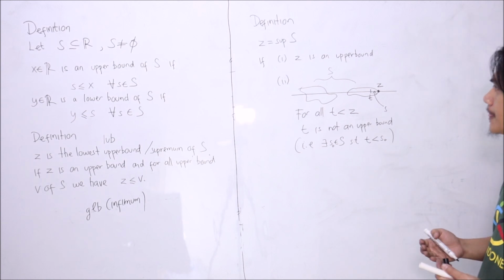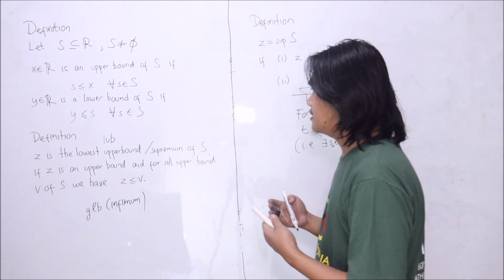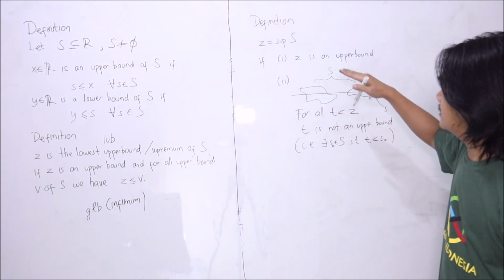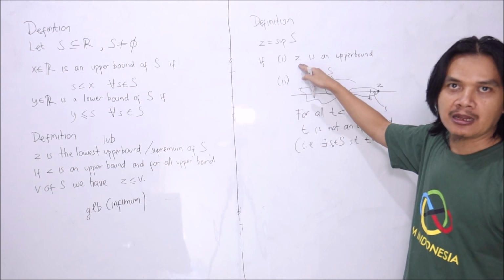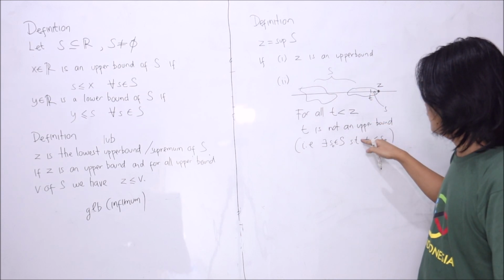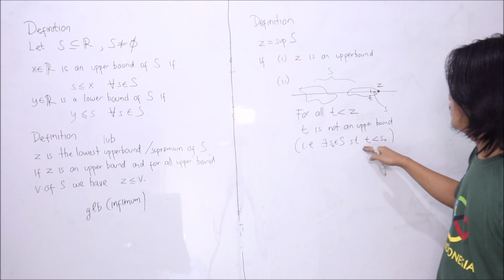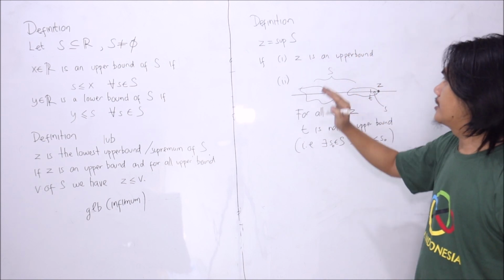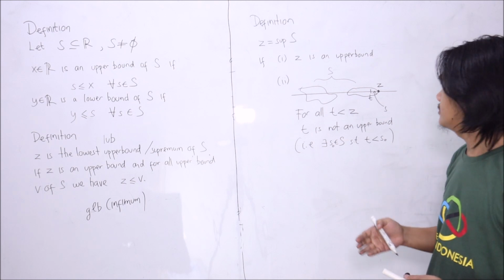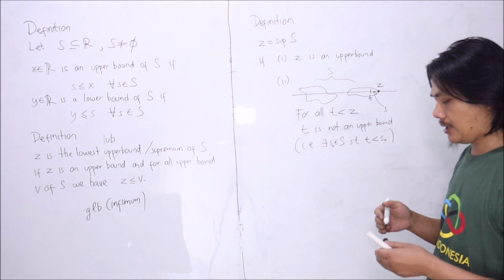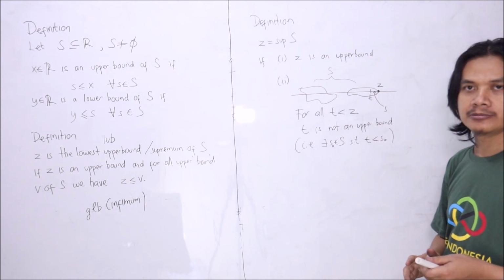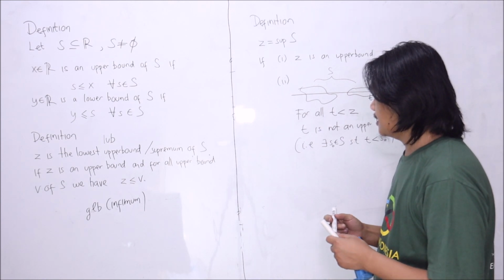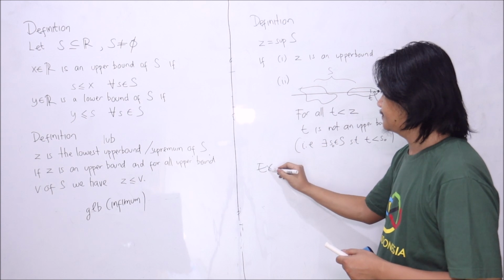So in order to verify that a certain number is the supremum, we need to check that that number is indeed an upper bound, and secondly, that every number less than the one that we suspect to be the upper bound is not an upper bound.